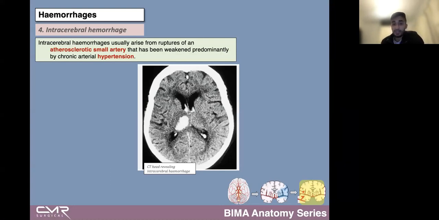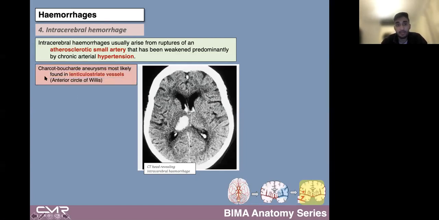This is a CT head revealing an intracerebral hemorrhage, and that's an internal hemorrhage within the brain. And we have Charcot-Bouchard aneurysms, which are most likely found in lenticulostriate vessels. So that's within the anterior circulation of the circle of Willis. Because they're very tiny vessels, they're very susceptible to being weakened by sclerotic plaques and chronic hypertension.